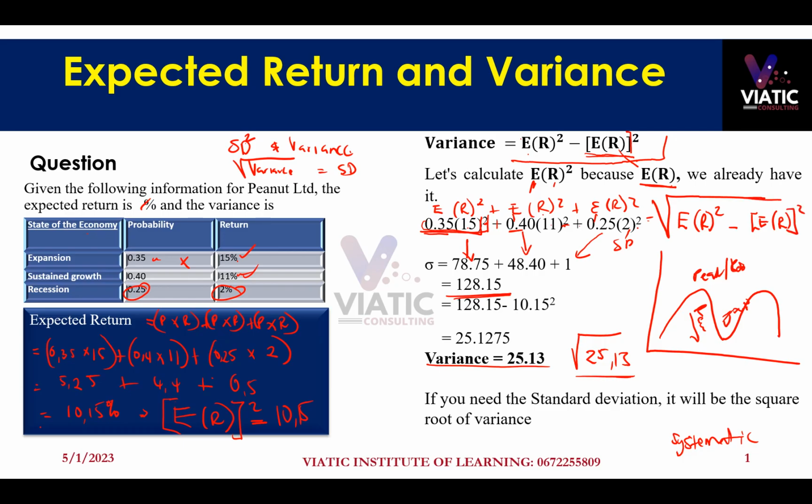That was our formula. So when we have our standard deviation, there is our answer. We just square to get the variance. I'm sure we understand. If you need the standard deviation, it will be the square root of the variance. This is important. Why? Because it's also asked in the final examination. So we need to understand that.